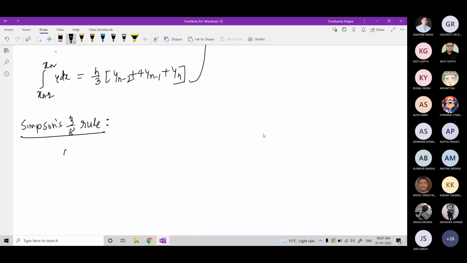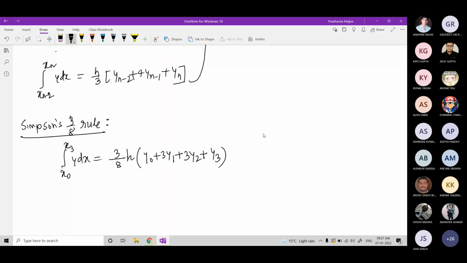Integration from x0 to x3 of y dx will be 3/8 into h, then y0 plus 3y1 plus 3y2 plus y3.